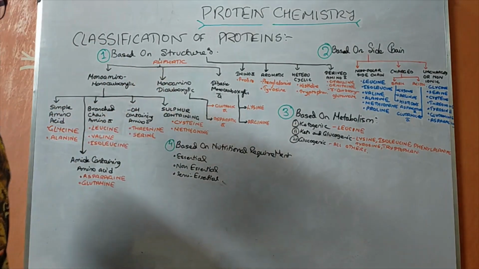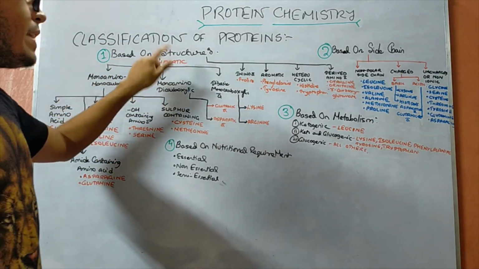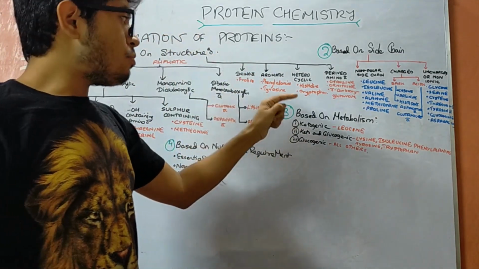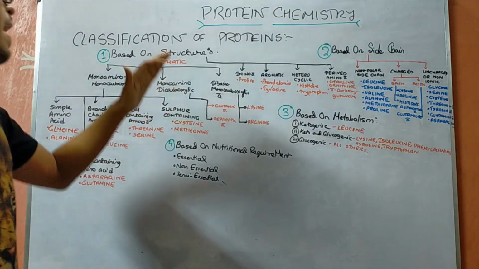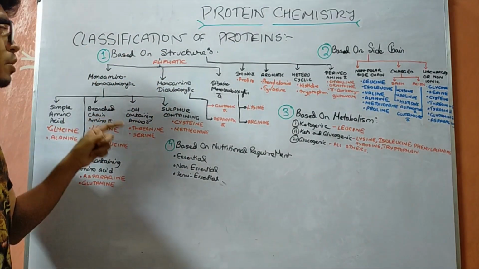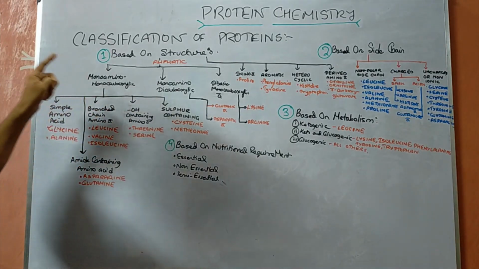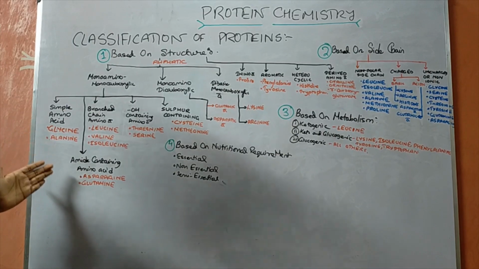Based on structure, first of all, amino acids can be divided into aliphatic, aromatic, heterocyclic and derived amino acids. Aliphatic amino acids can be divided into monoamino monocarboxylic acids, which can further be divided into simple amino acids such as glycine and alanine.